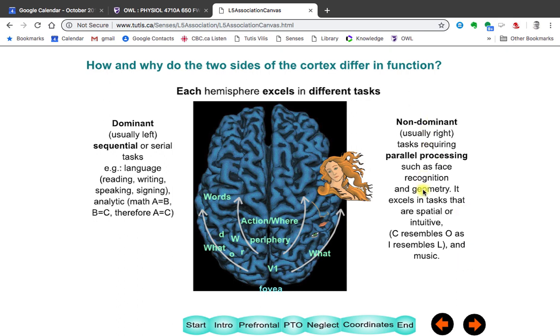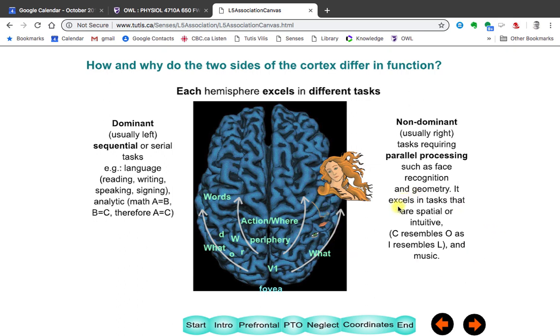This side, on the other hand, the non-dominant side, is more involved in things involving parallel processing. So when you look at a face, you're looking at all the individual parts of the face at the same time, and you're deciding on the basis of all that information at the same time whether that face belongs to this person or some other person.